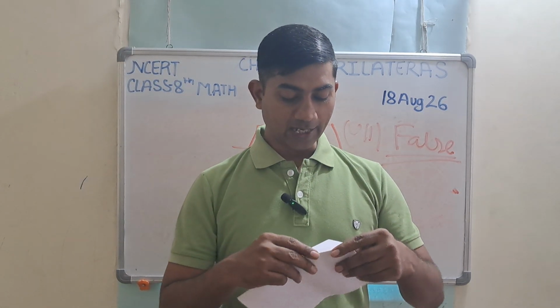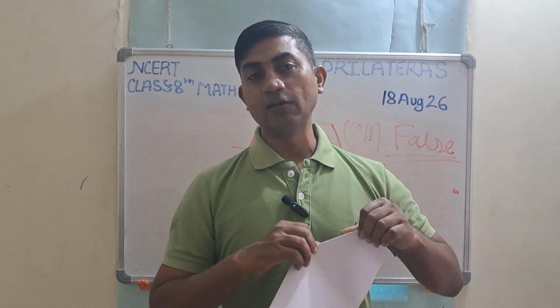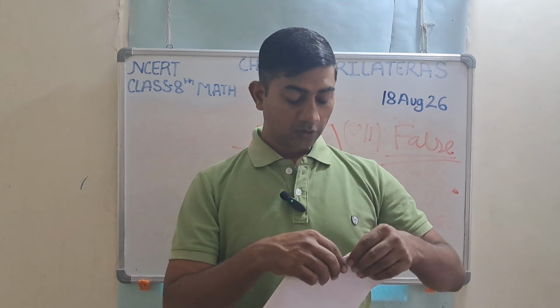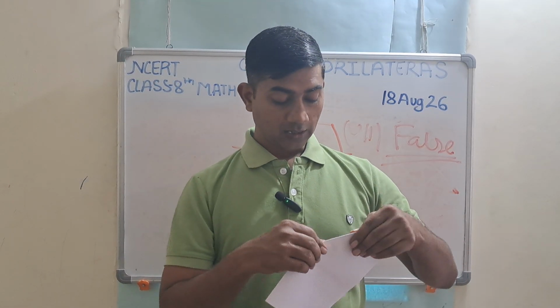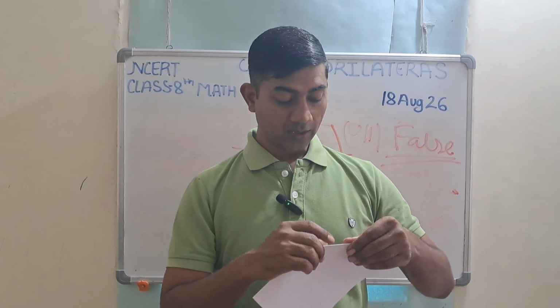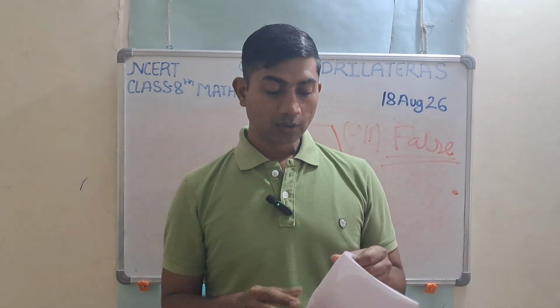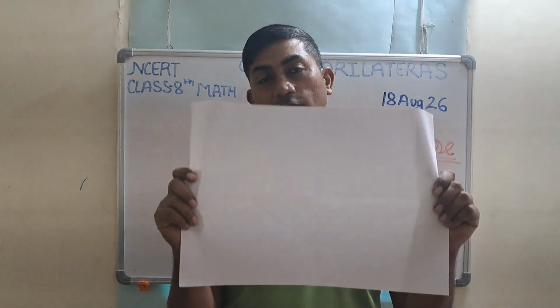Understood? You can get any number of rhombuses, since I am folding it 2 times or 3 times. Now when I open this paper, you will observe that the figure which you see is a rhombus. All the figures are rhombuses.